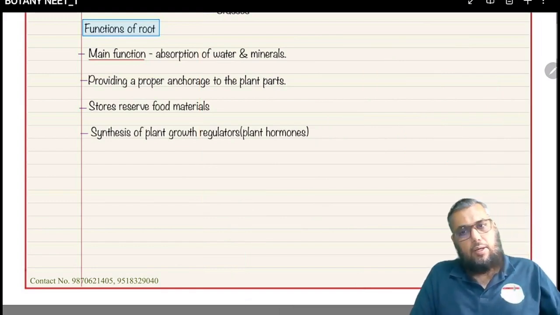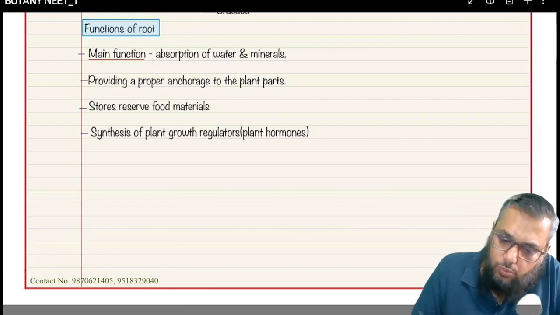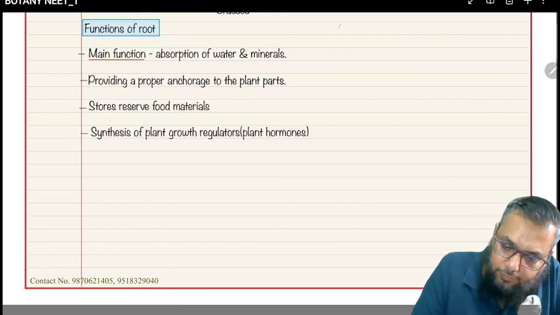Okay. Now there is one more type of root, which is called the adventitious root. Now even the adventitious root can get modified.